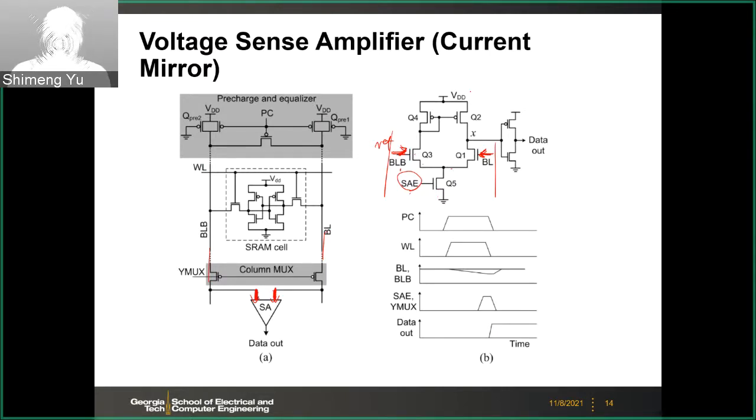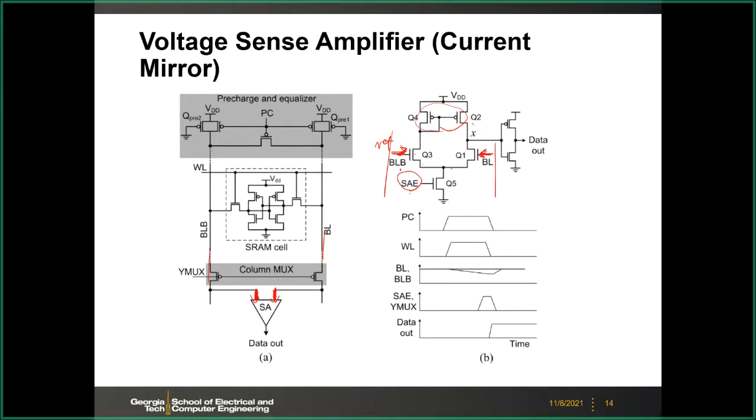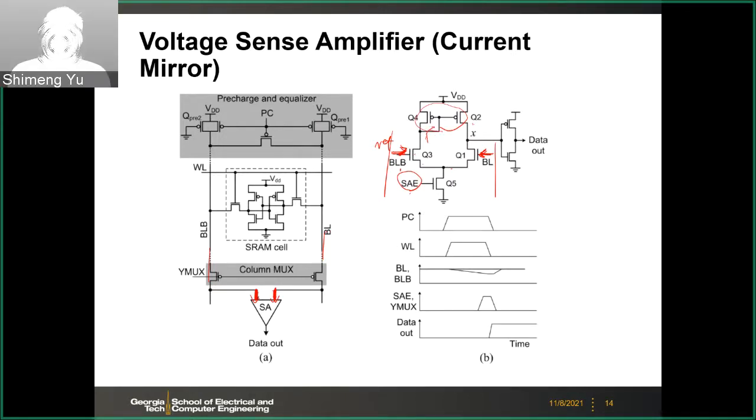And then for the single-ended output, what you can do is to have a current mirror. This is PMOS, to basically mirror the signal back to here, or you basically convert the current to here. For example, if this current goes down, this current will go up, differential input, and this is mirrored here, actually goes up as well. So you can amplify the output.